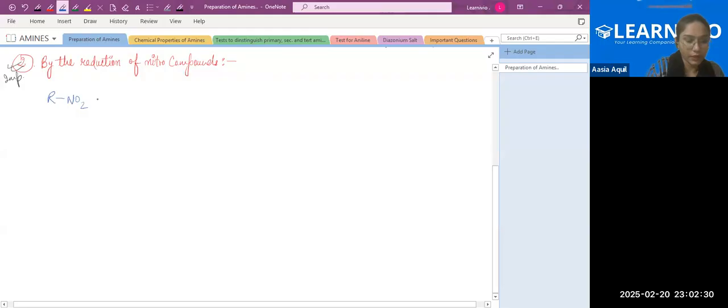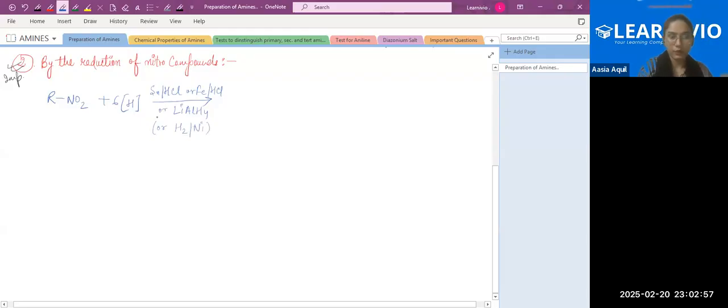Let's see the reaction. R-NO2, nitro compound. When you use Sn/HCl, or you can use lithium aluminum hydride, or H2 with nickel catalyst, all these reagents will do reduction.